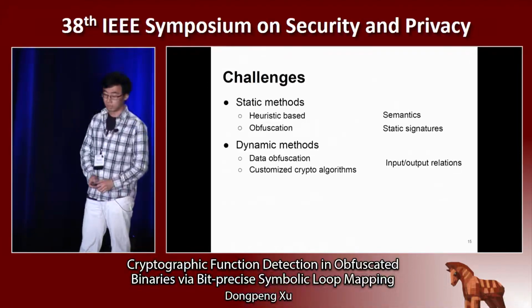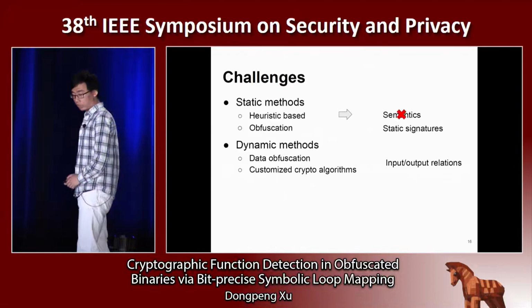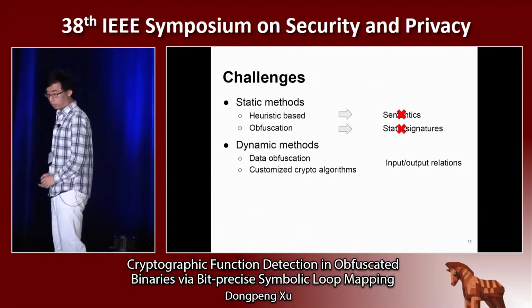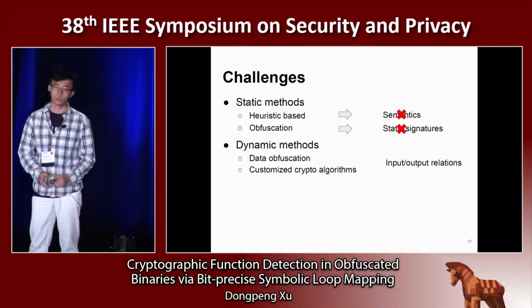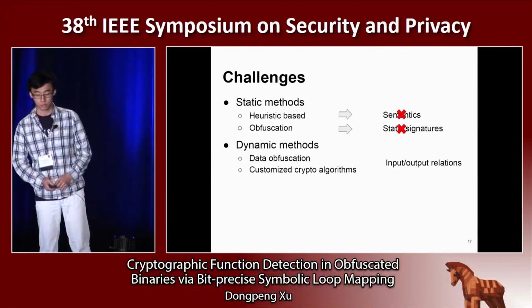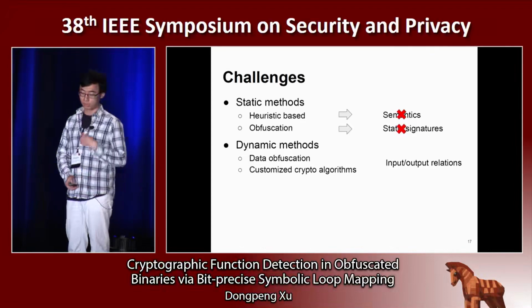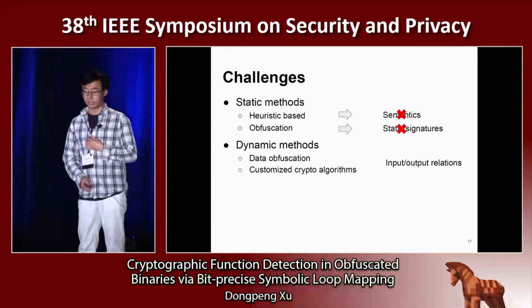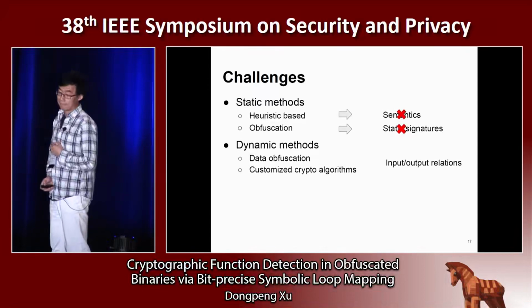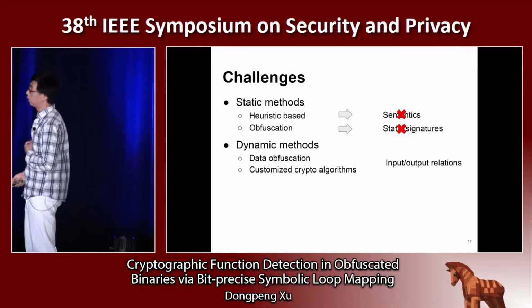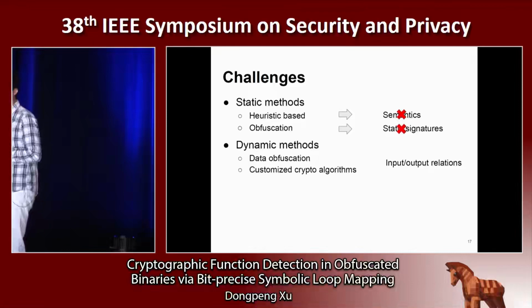On the other hand, dynamic methods can resist some control obfuscations, but they rely on identifying the input and output relations, and there are methods like data obfuscation and customized crypto algorithms which can change the input and output relations.